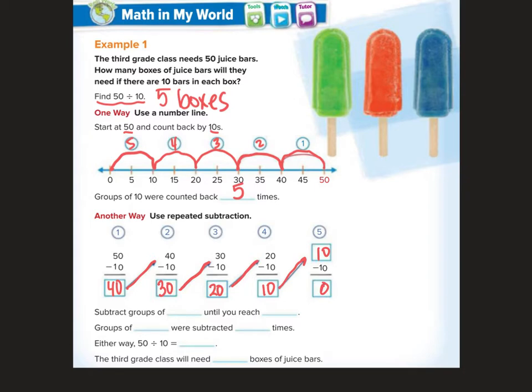Okay, so if we subtract groups of 10 until we reach 0, we subtracted 5 groups. Oh, sorry, groups of. I always read that problem wrong. I always think it's saying how many groups did we subtract. No. Groups of 10 were subtracted 5 times. Either way, 50 divided by 10 is 5. The third grade class will need 5 boxes of juice bars. Juice bars, not popsicles, but juice bars, I guess.